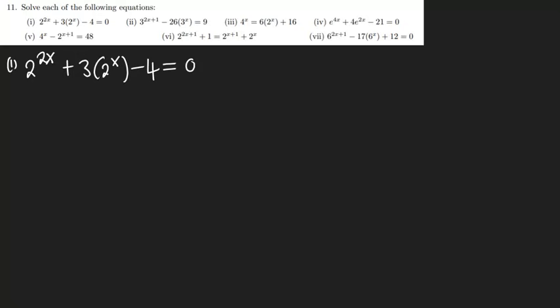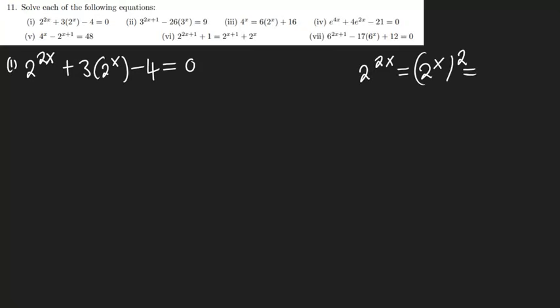So now, there is a way in which you manipulate this in order to make it easy for yourself. Notice that 2 to the power 2x can also be written as 2 to the power x, then everything to the power 2.